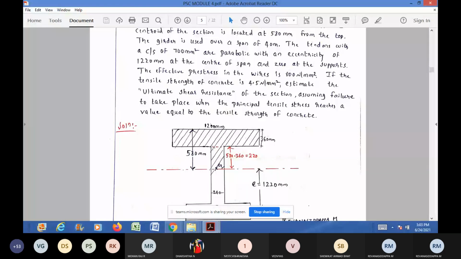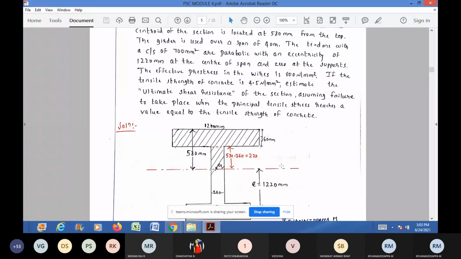Means moment of first rectangle about the neutral axis plus moment of second rectangle about the neutral axis will give static moment of this whole area about the neutral axis.